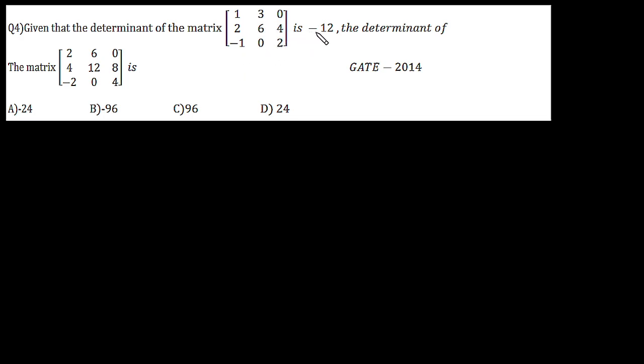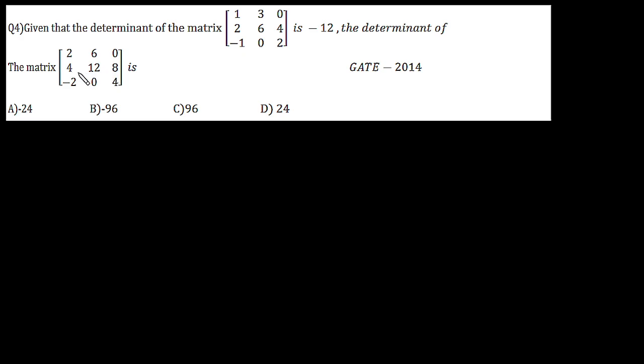But first think about this. If the condition is given like this, there is a pretty good chance that this matrix has some relation with this one. So let's first look at the entries of this matrix. You can see the first row is just twice the first row of this matrix. Now look at the second row.